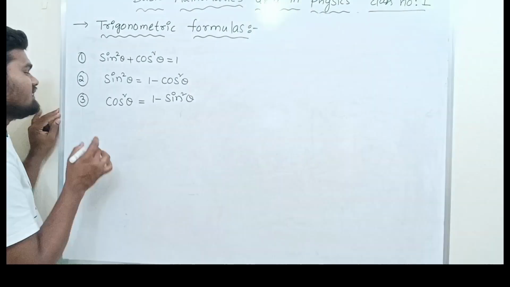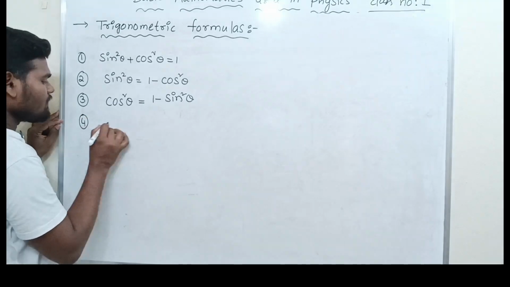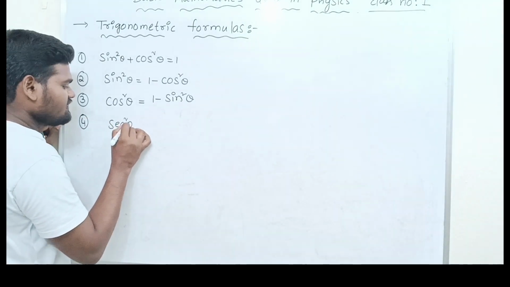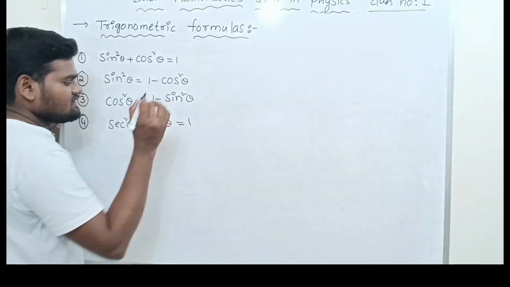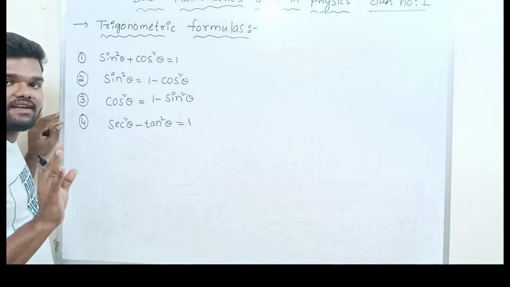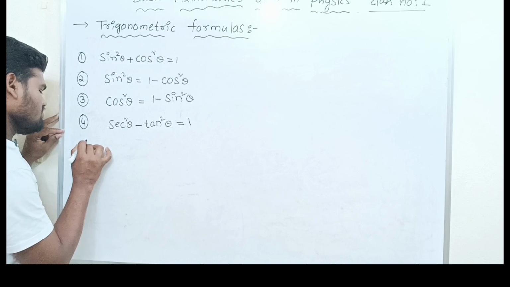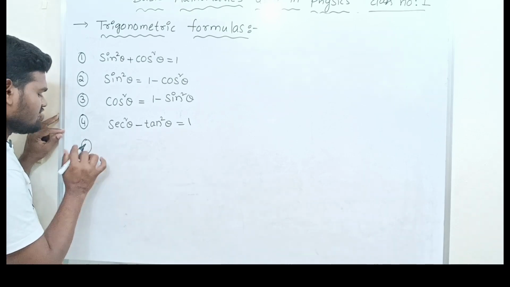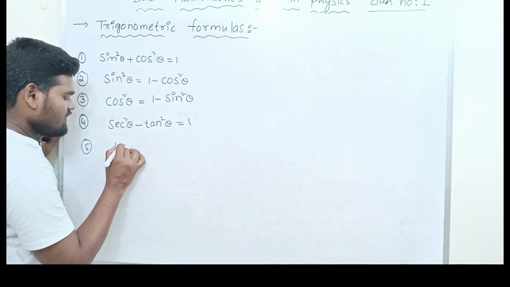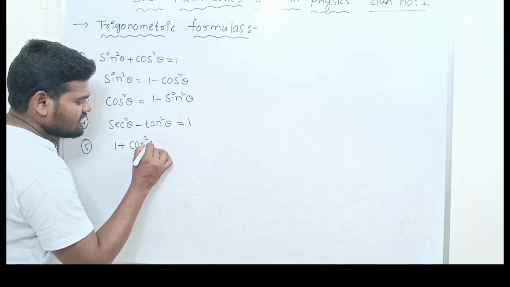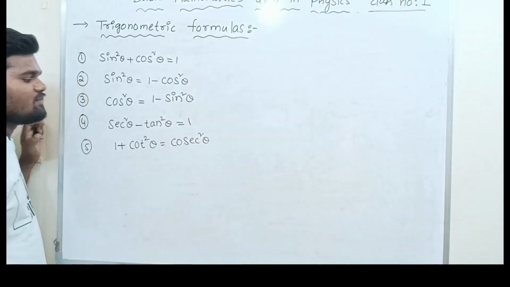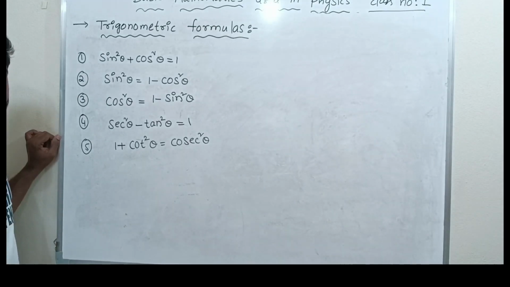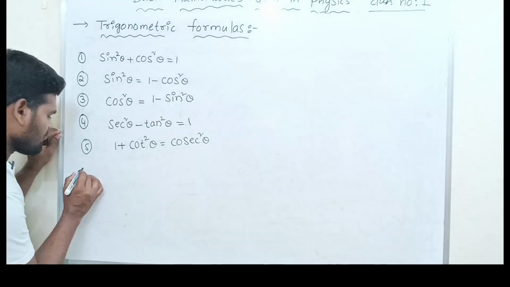Is it clear? Right. Fourth one, sec square theta minus tan square theta is equal to 1. Fifth one, 1 plus cot square theta is equal to cosec square theta.